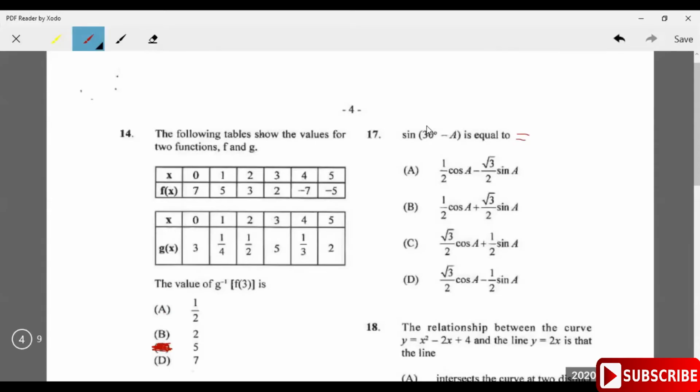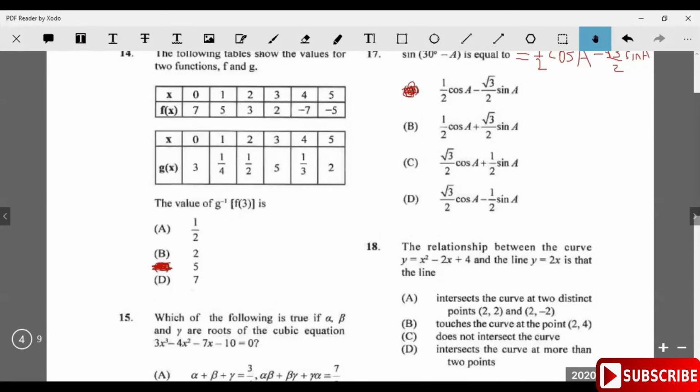So it's just going to be equal to the sine of 30, which is a half, times the cosine of A, cos A. Then we have minus the cosine of 30, which is root 3 over 2, times the sine of A. So we'll just use the compound angle formula to expand this. And that's what we get, which is half cos A minus root 3 over 2 sine A. Easy question, soft.